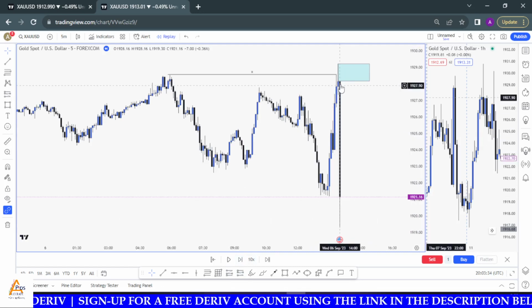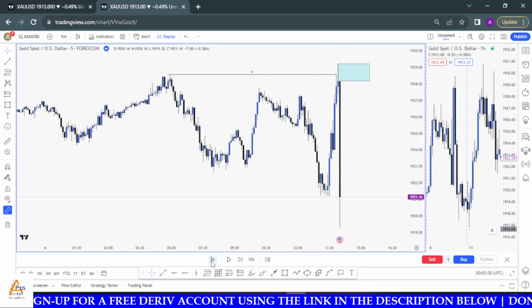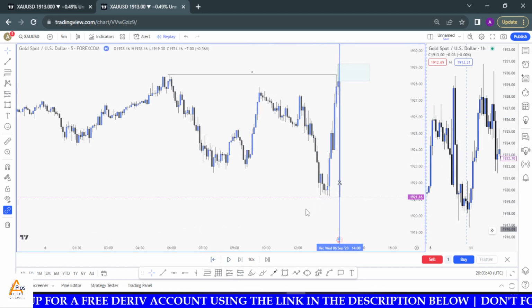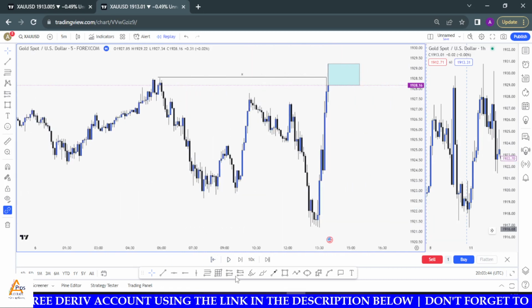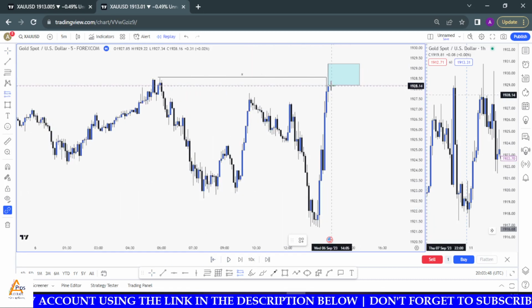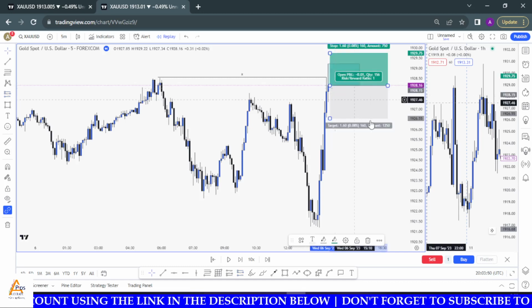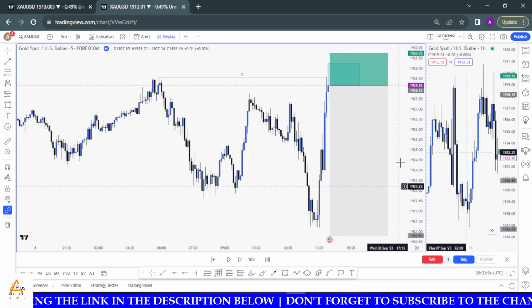I see the candle open mitigates that. Let's see something. That was a very quick one there. So this is supposed to be our next entry like this, and still the target.